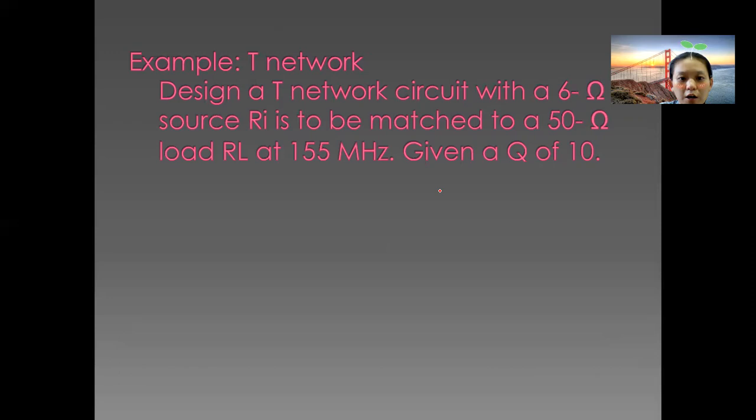So from here, the first information is Rin equals 6, second, RL equals 50, and then frequency equals 155 megahertz and Q equals 10. We list down these 4 pieces of information. We start the first step.